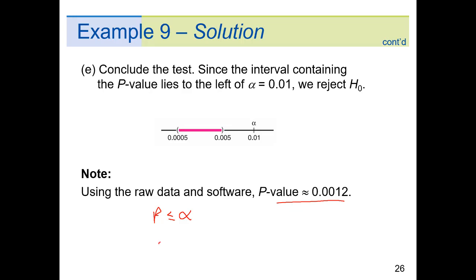So because 0.0012 is less than or equal to 0.01, we reject the null hypothesis. We have evidence that the data indicates that counseling sessions do decrease anxiety in this particular population of patients.